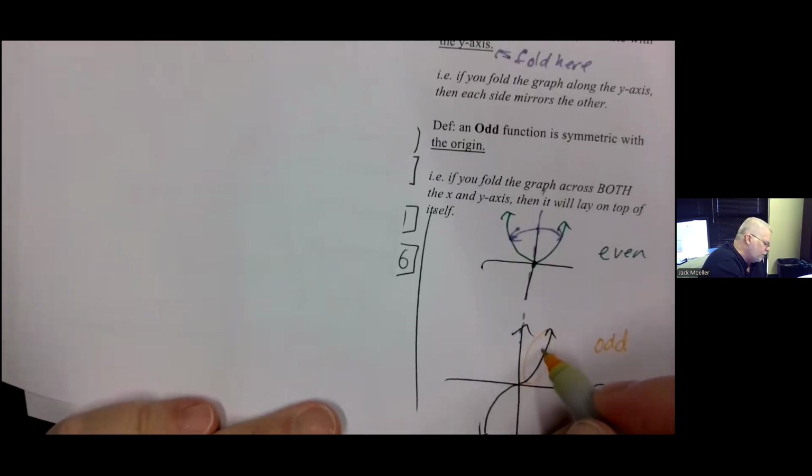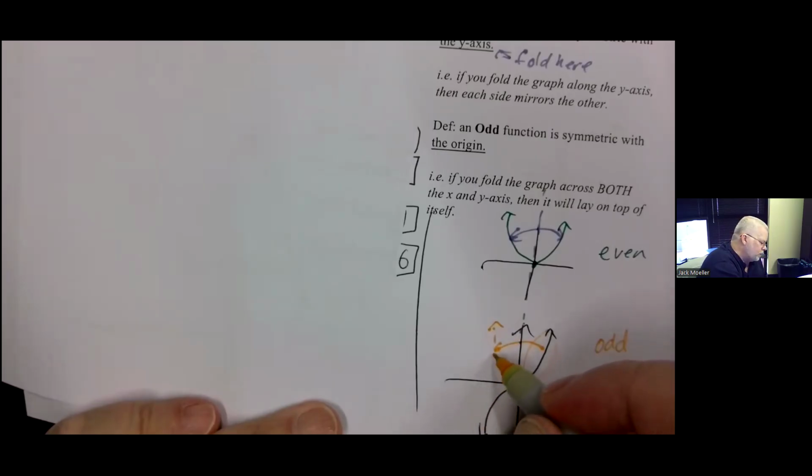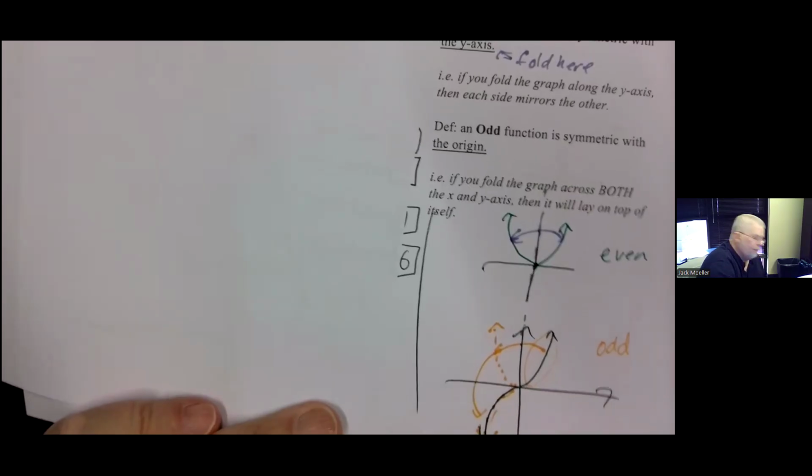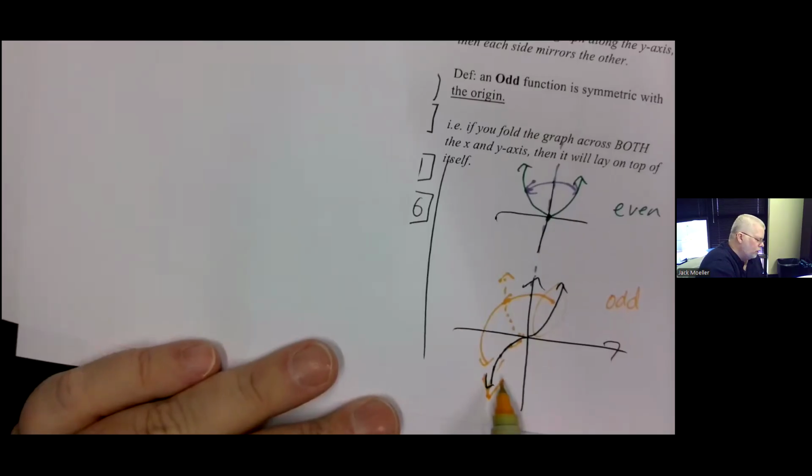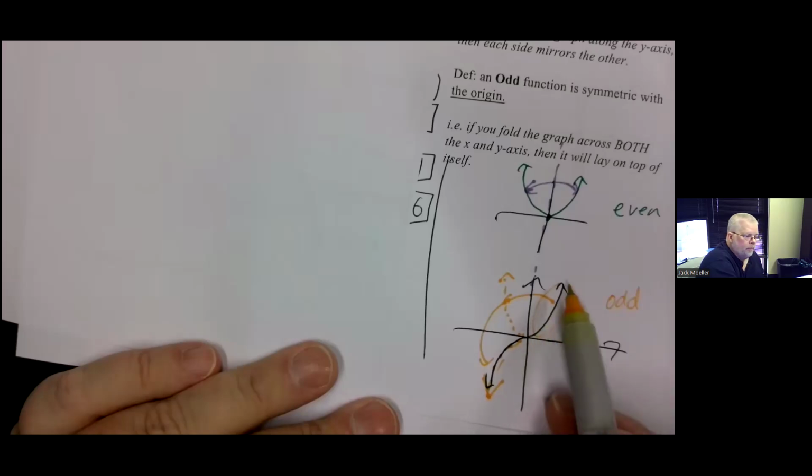It doesn't matter which one you do first. If we fold this piece over the y-axis, it would look something like that. Now if we fold it across the x-axis, that piece folds down, and then it lies right on top of itself. Or you could take this piece, fold it across the y-axis, then it would be here, then you fold it up, then it would be there.